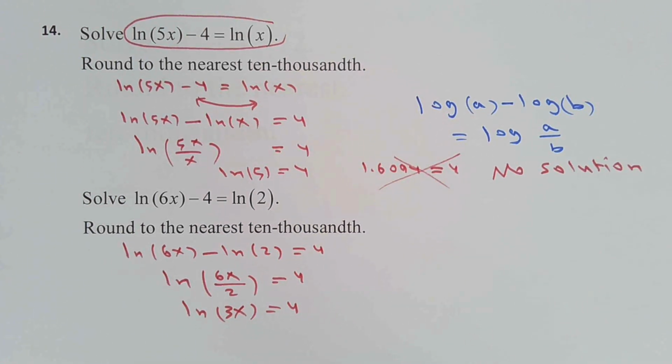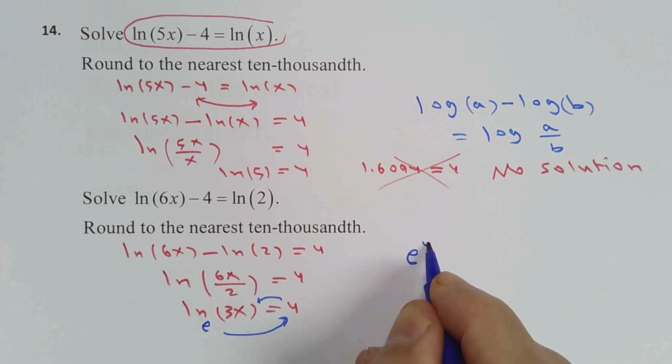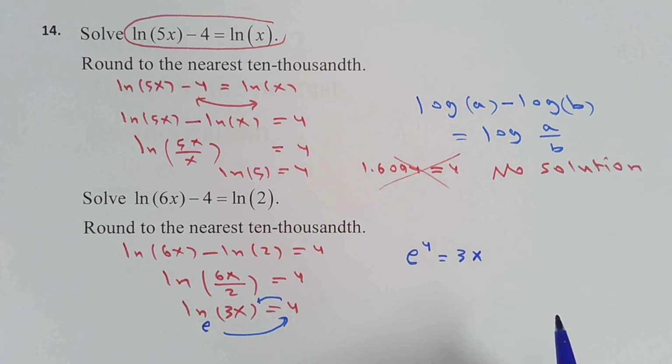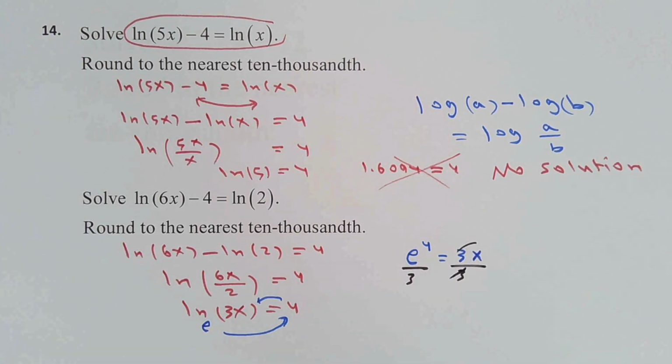We're going to raise both sides with the base e or rewrite it in exponential form. So I have e to the 4 equals 3x. Divide by 3, divide by 3. So x equals e to the 4 over 3.